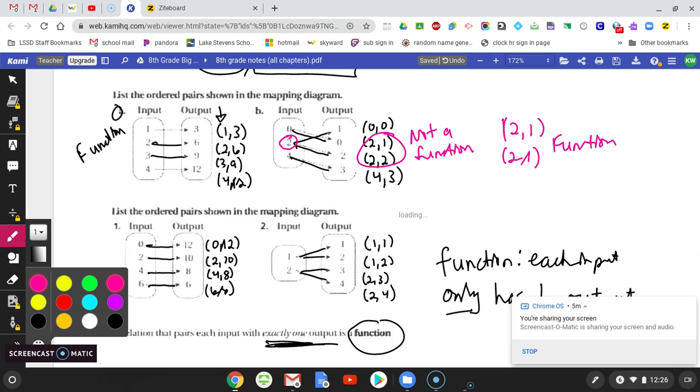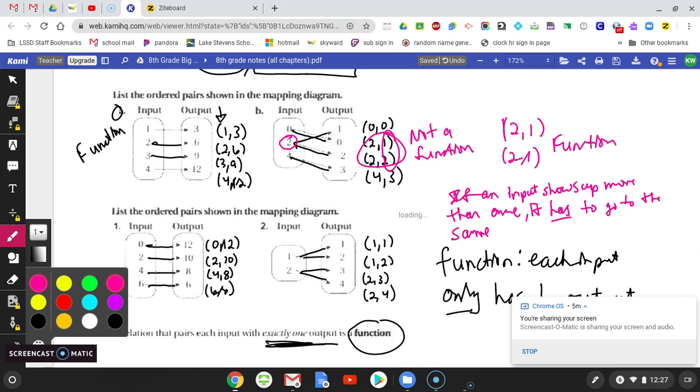But because my 2 went to 2 different ones here, that's why it's not a function. So if an input shows up more than once, it has to go to the same output, or it is not a function.